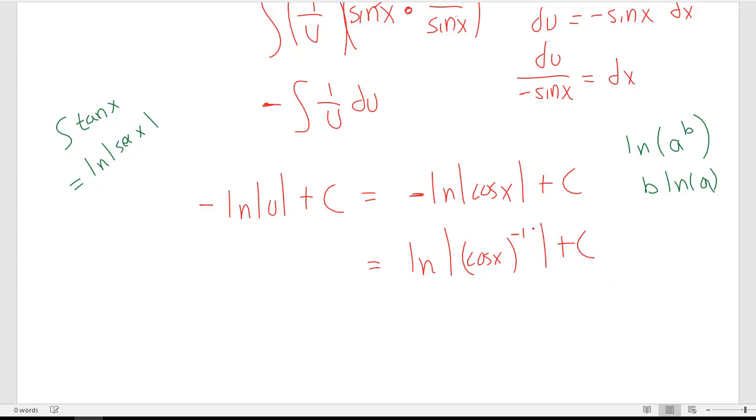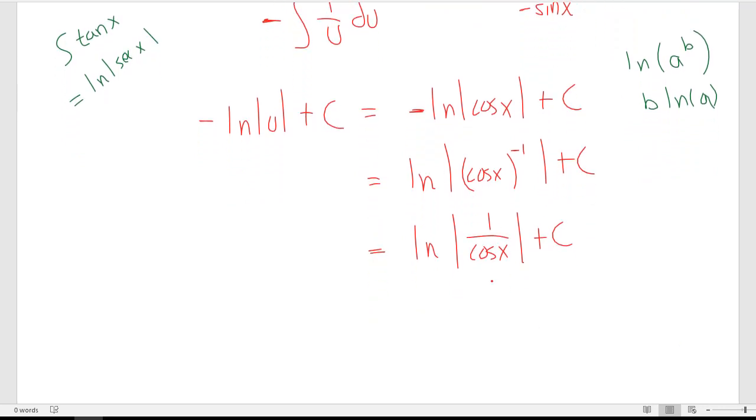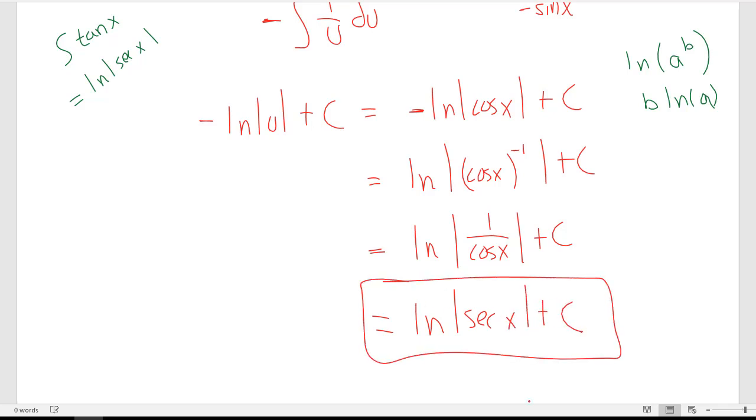Now, this is not inverse cosine. This is cosine to the power of negative 1, which is really 1 over cosine to the positive 1 power. And that's where our secant comes from. 1 over cosine is really secant. So the integral of tangent is ln of secant plus some constant.